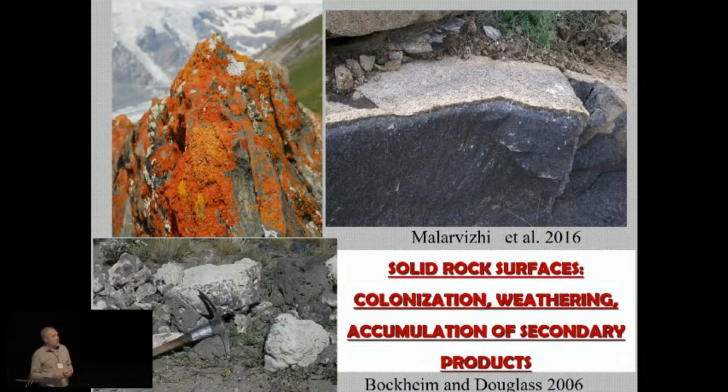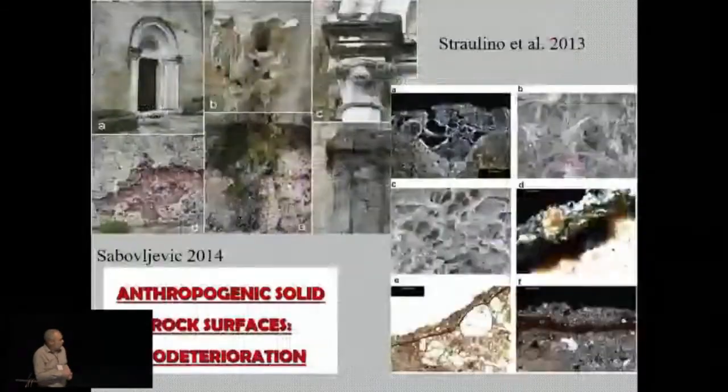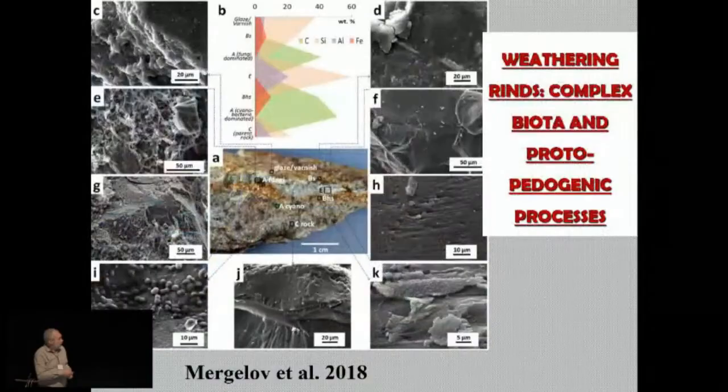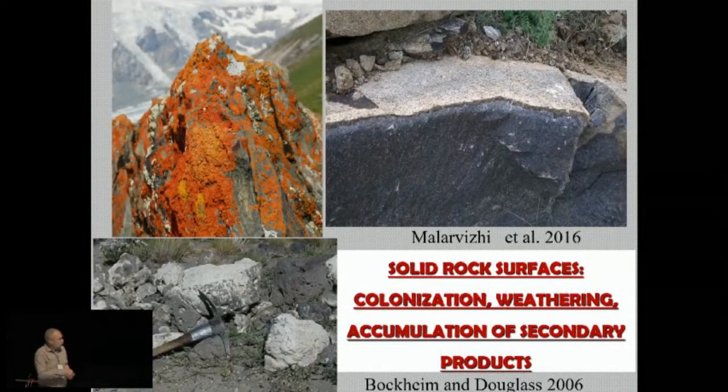Solid rock surfaces, however, have their own features and properties related to interaction with the climatic and the biotic factors. They are colonized by various organisms, mostly primitive, in the range from bacteria to lichens. And they also present quite a complex set of features related to alteration, weathering of primary minerals, precipitation and accumulation of secondary products, like, for example, carbonate crusts.